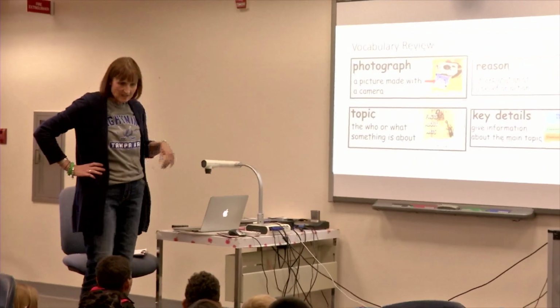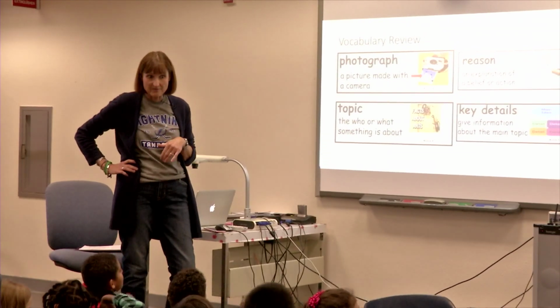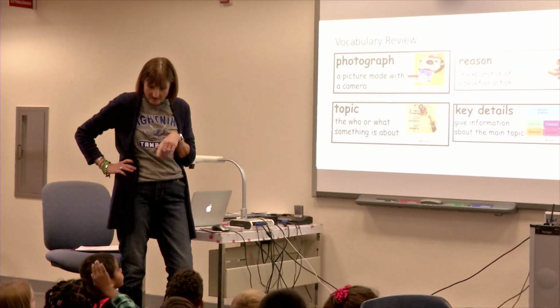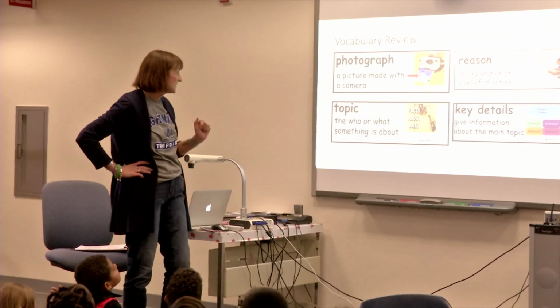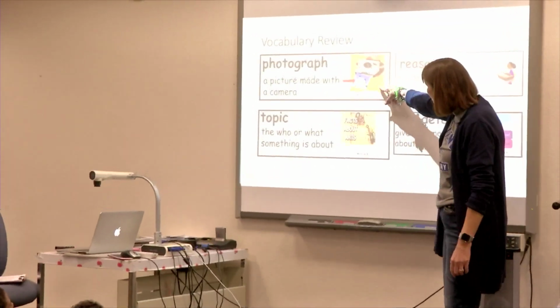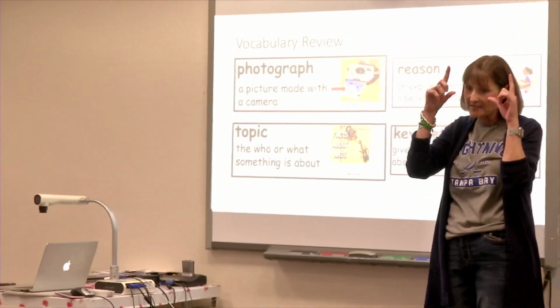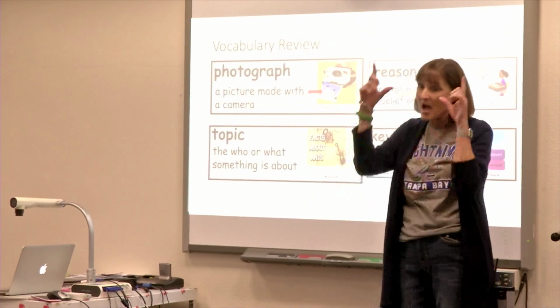All right, so these are some vocabulary words that you have probably seen before, and I just want to point them out to you because we're going to be talking about these words again today. This word right here is photograph. A photograph is a picture you take with a camera. Can you say that with me?